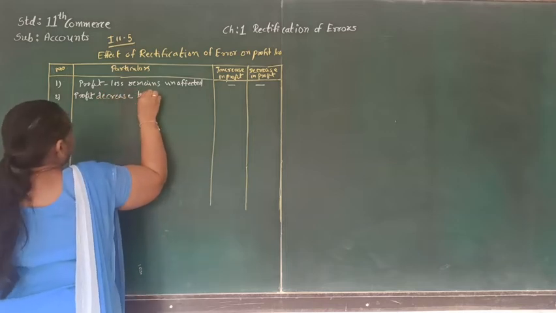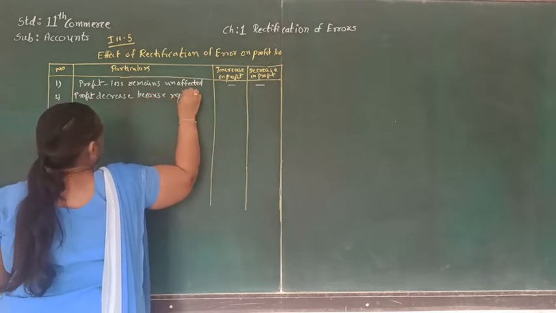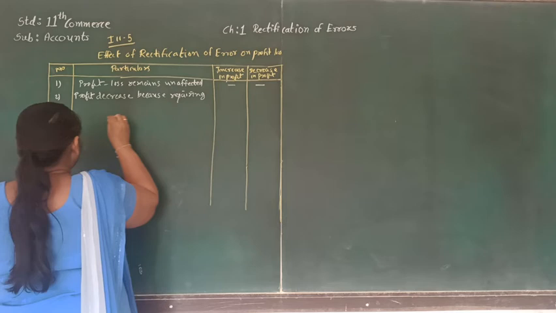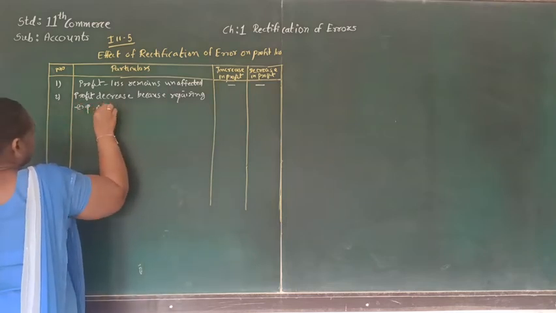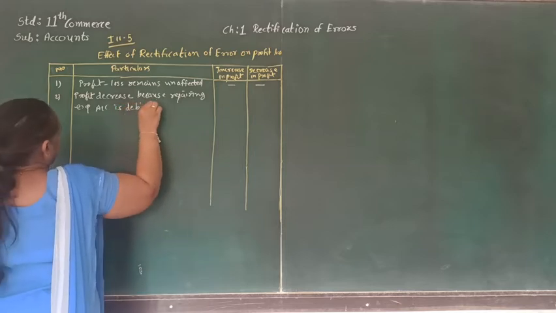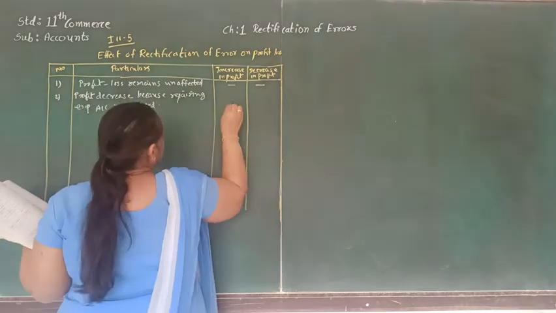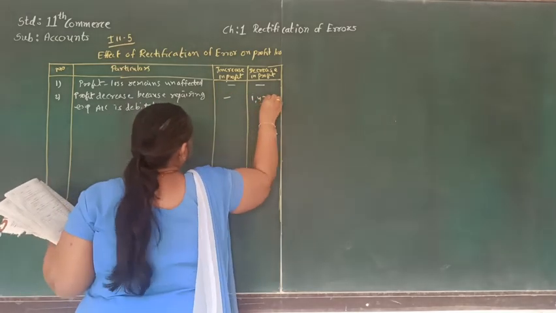Profit decrease because of repairing expense. Repairing expense account is debited. So because of that, profit is going to be decreased by 1,424.